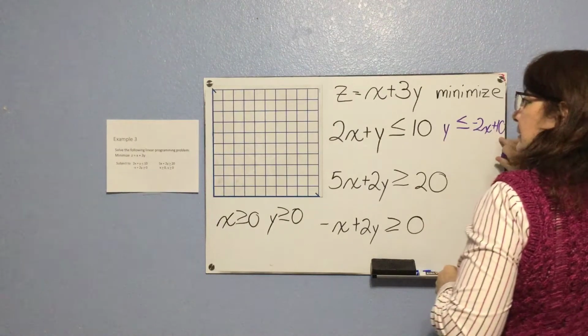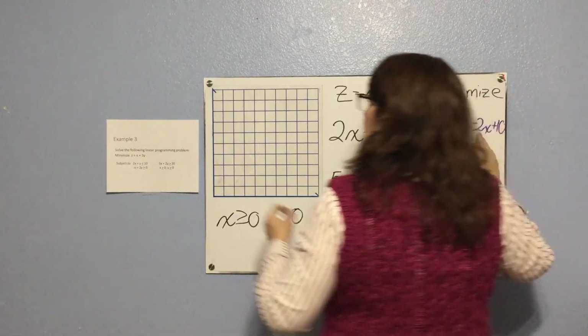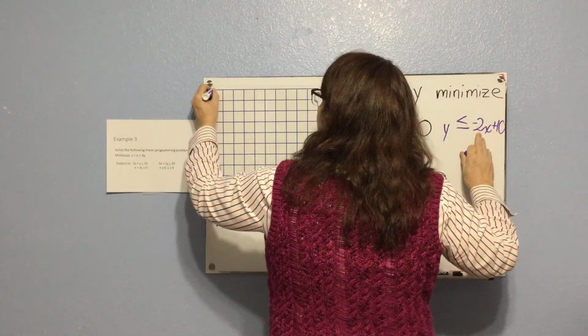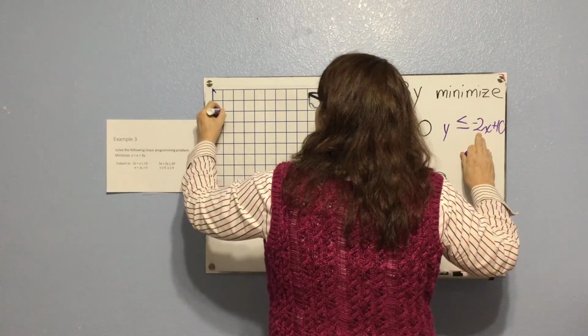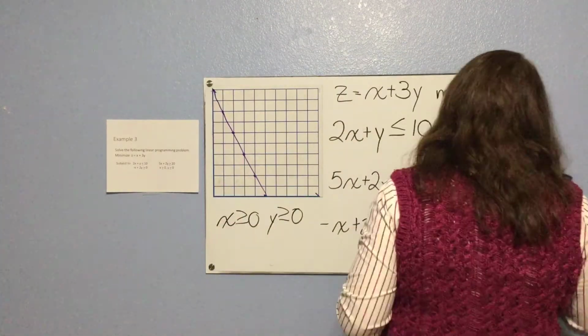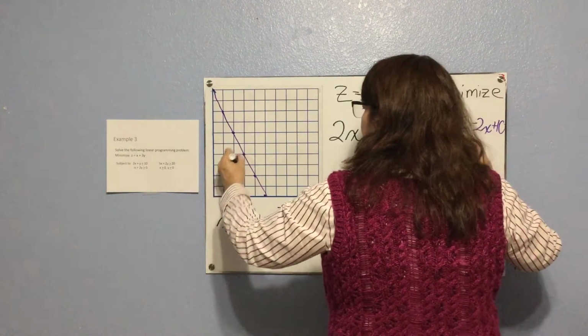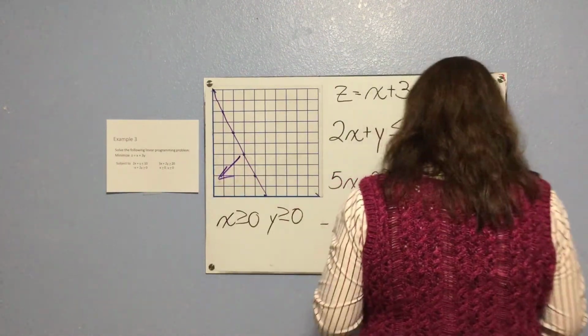So my y-intercept is going to be at 10. My slope is negative 2. So I start here and come down this way. And for y to be less than, I'm going to be shading this direction.